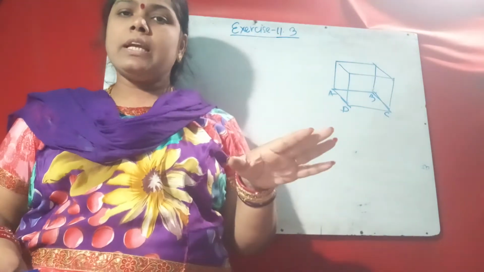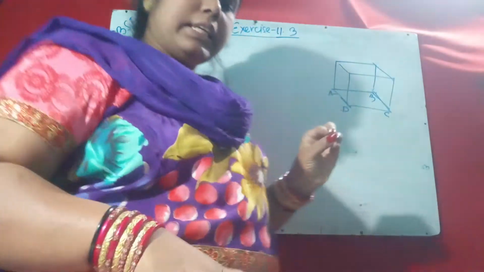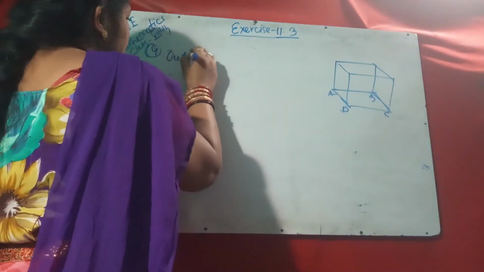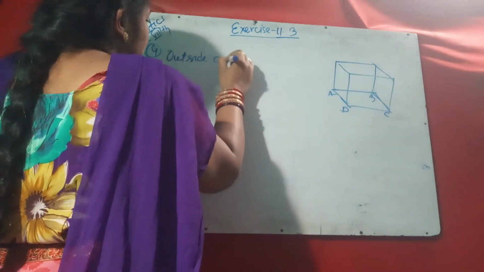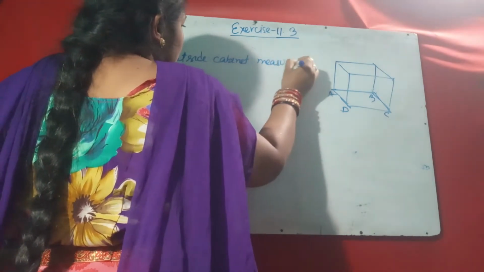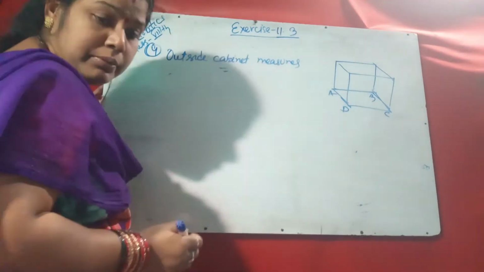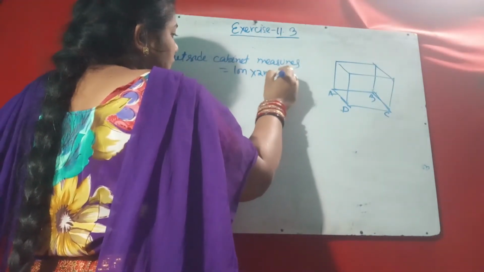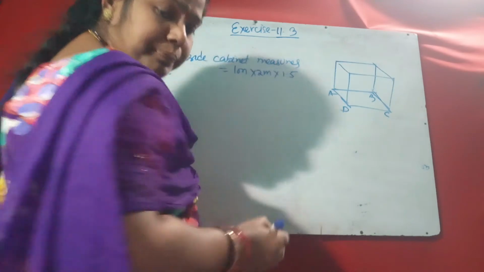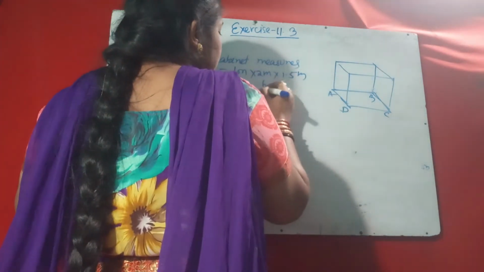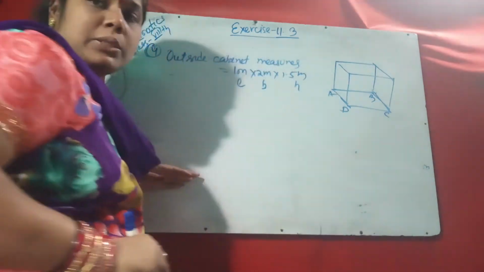Here it is given that the outside of the cabinet measures 1 meter into 2 meter into 1.5 meter. So it is length, breadth, height.